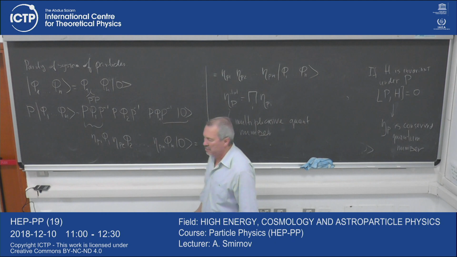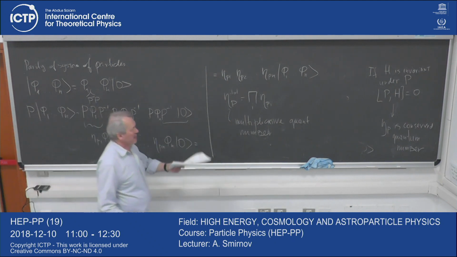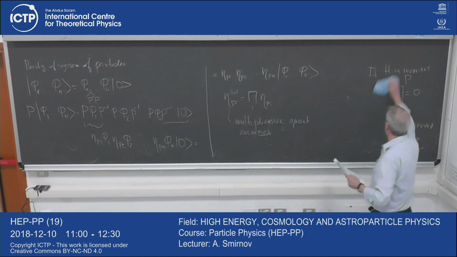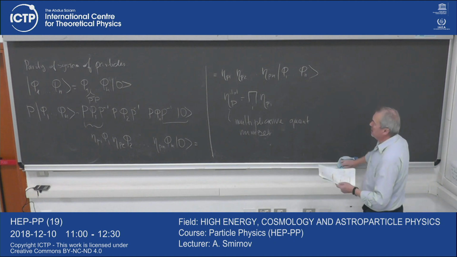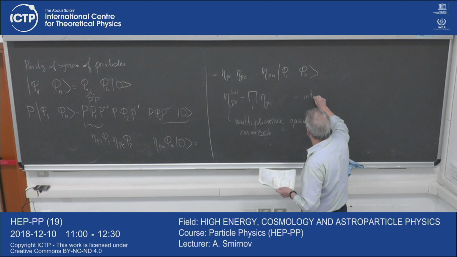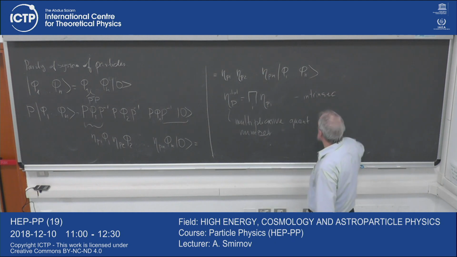And so if we have a system of n particles, then the total parity, what we call intrinsic parity, is given by the product of parities of individual particles. So we are saying this is intrinsic parity for the following reason.